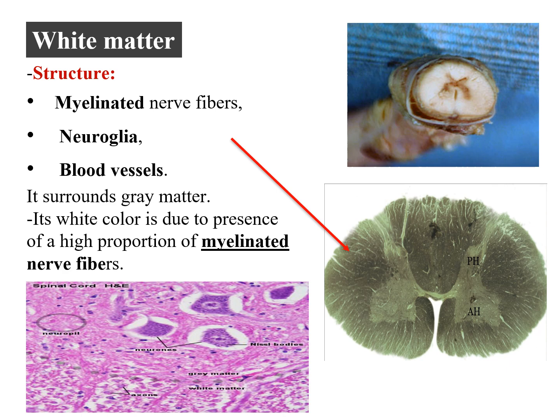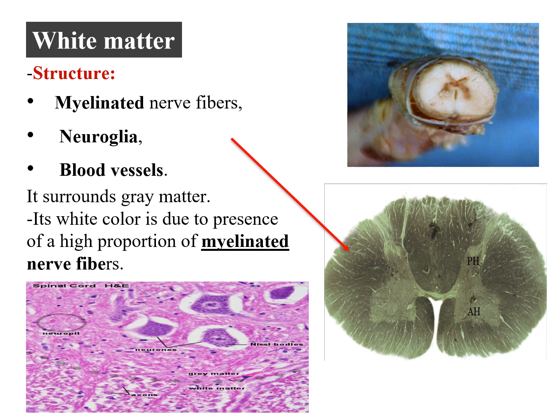The white matter contains the axons of these neurons, which are myelinated nerve fibers. It also contains neuroglia, which are supporting cells, and blood vessels for the blood supply. The white matter surrounds the gray matter.